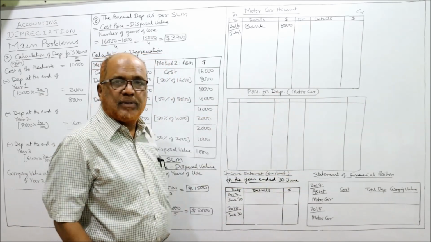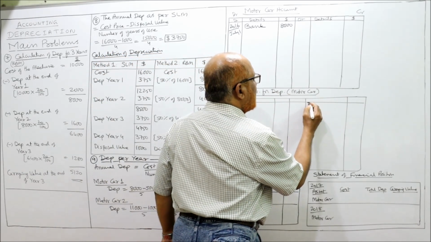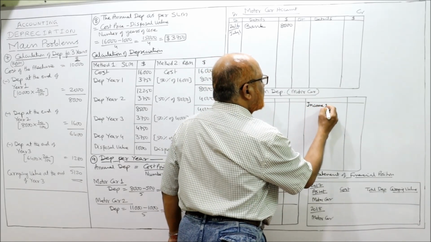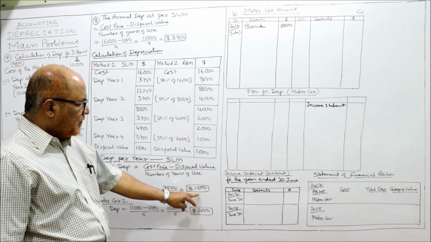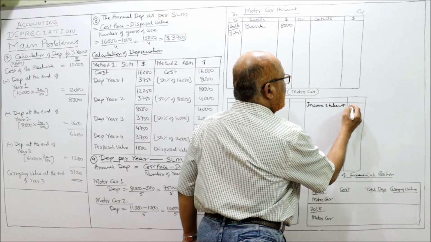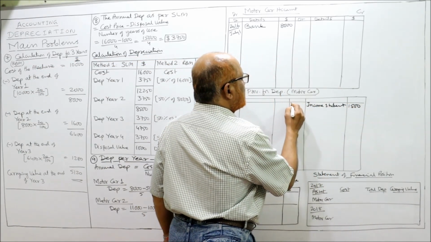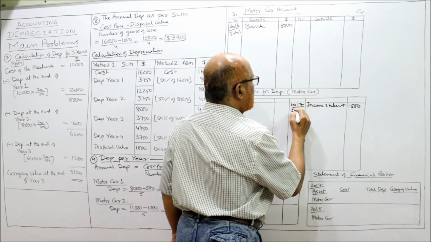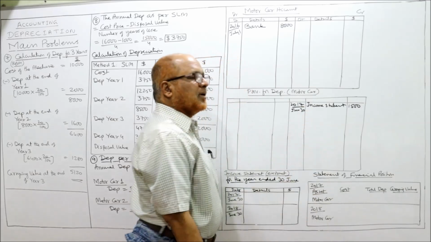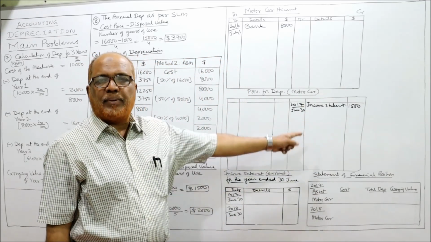So this is the provision for depreciation credit side. Here I am writing income statement. What is the depreciation on the first motor car? 1500. So I am writing 1500 here. Here date is 2017 June 30th. This is the entry for depreciation.